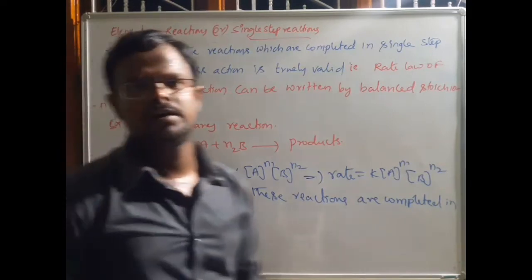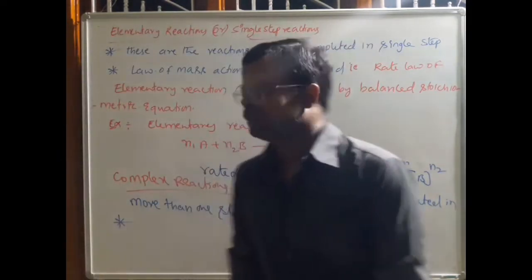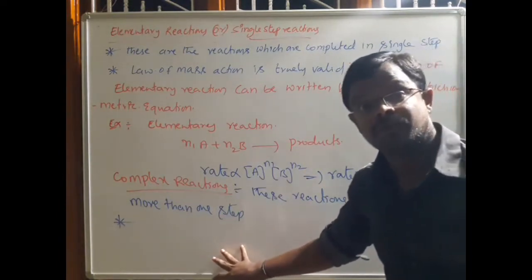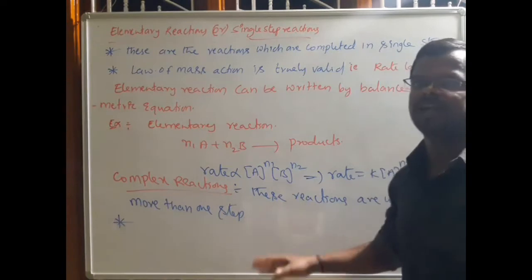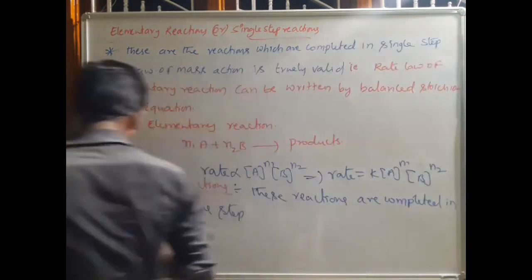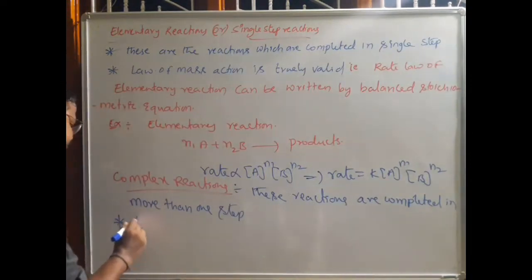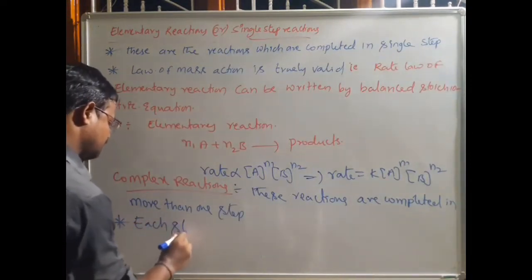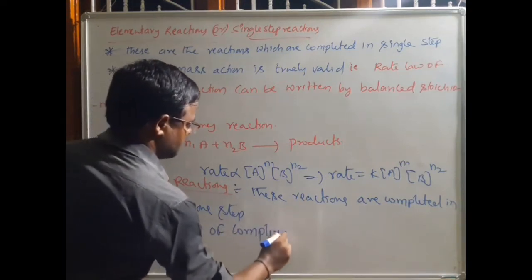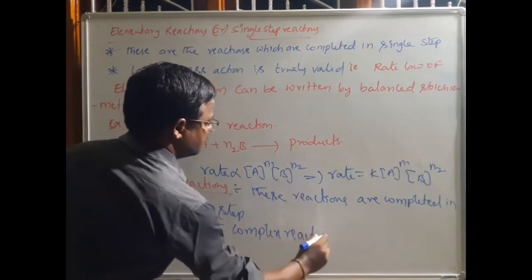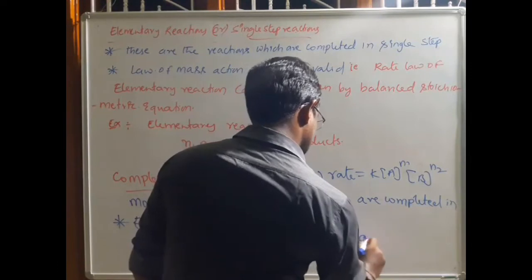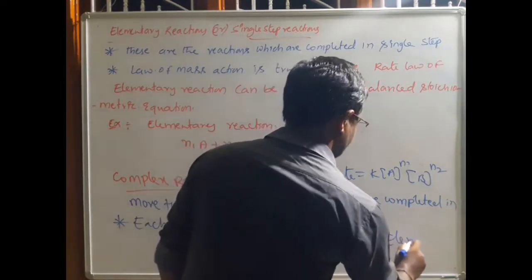Next, another important point for these complex reactions. Since they take more than one step for completion, each step of a complex reaction is taken as a single elementary reaction. Each step of a complex reaction is an elementary reaction.